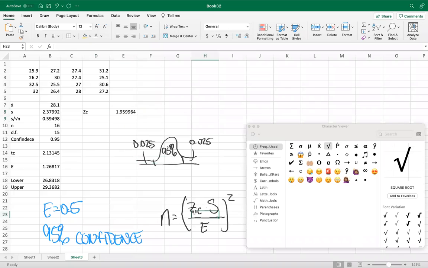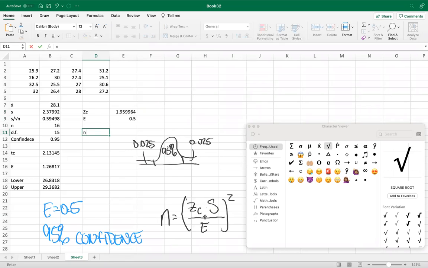And we have our z-score. Next, we need s. Oh, we already have s. The next thing we need is E. E was given to us, and in this problem it's equal to 0.5. From there, we can figure out what n is.